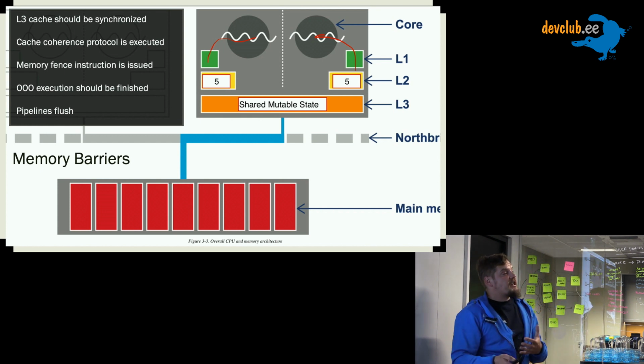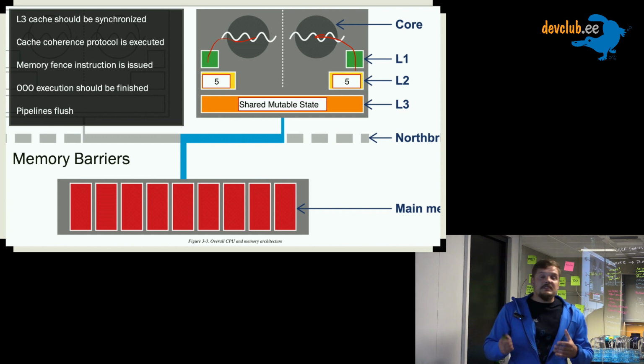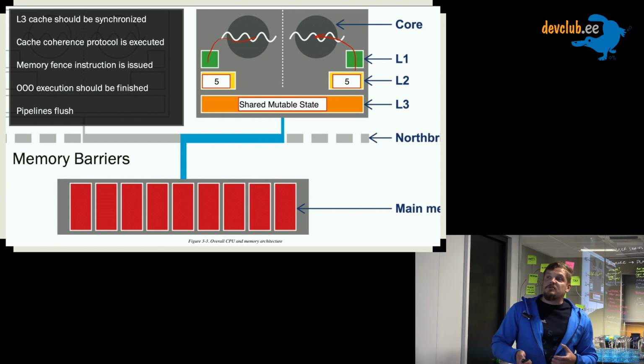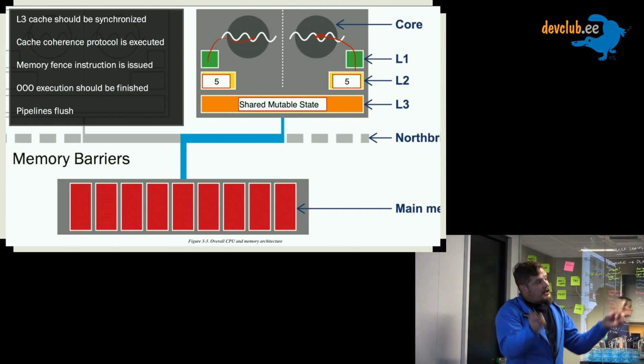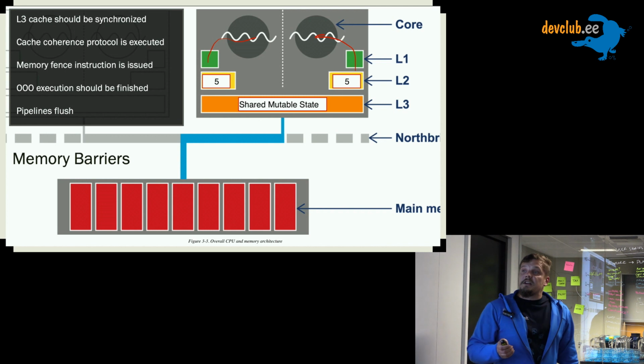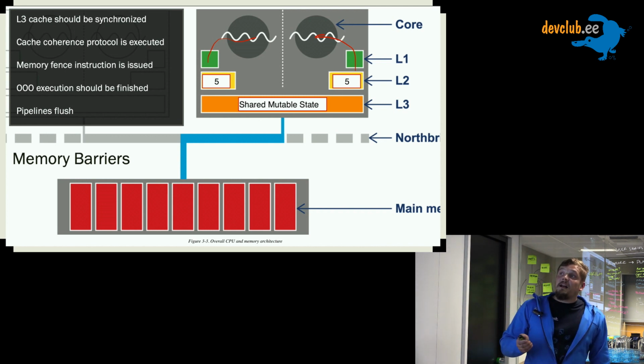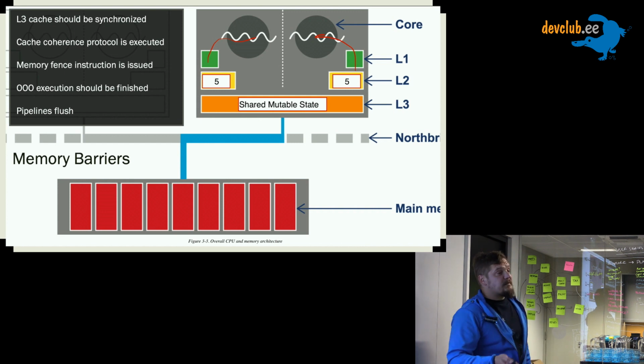All unordered operations should be finished. It means that the processor just waits for all operations to be finished. After that, the cache coherence protocol is executed, so we make our shared state consistent, and as a result, all the pipelines, which again give us performance improvements, are flushed.